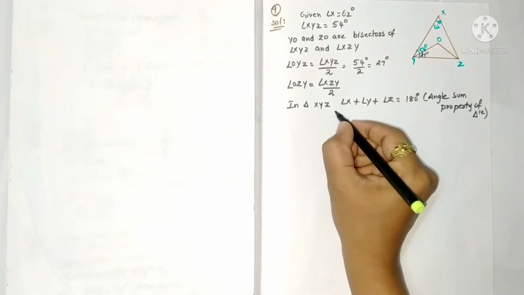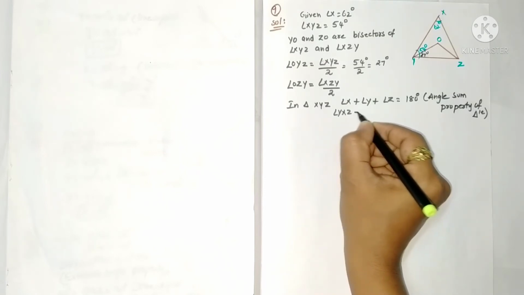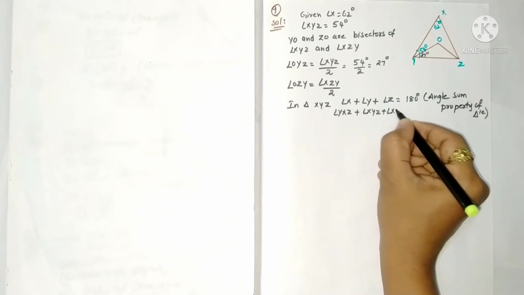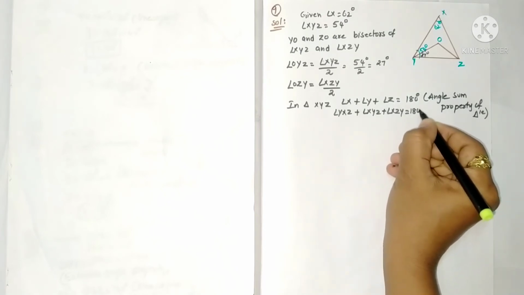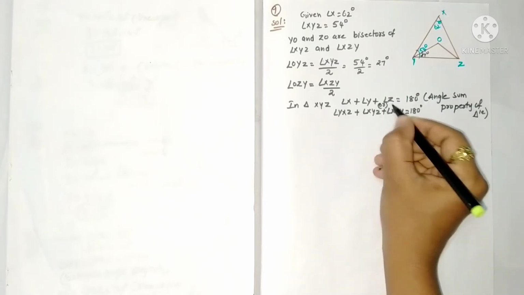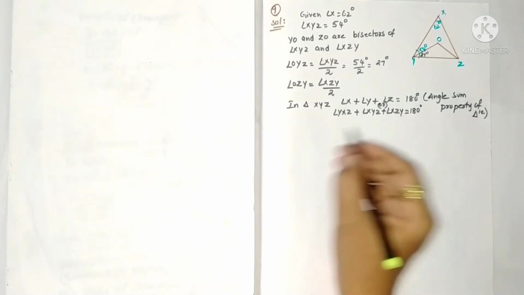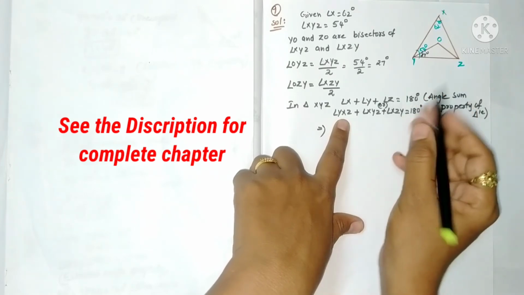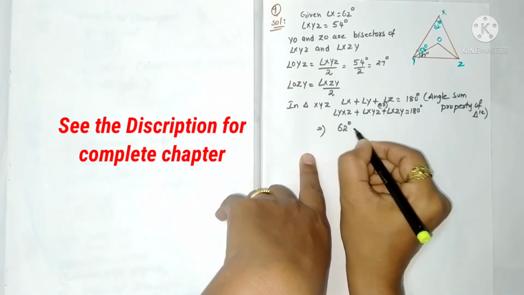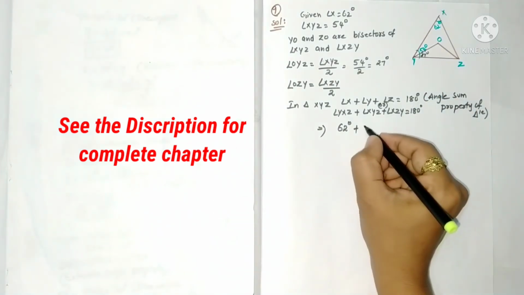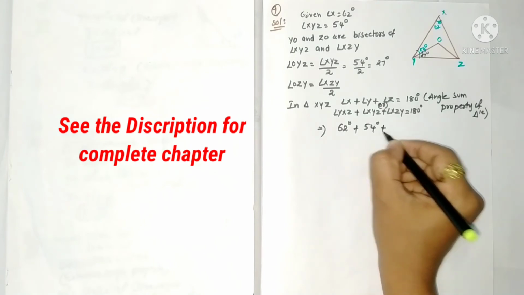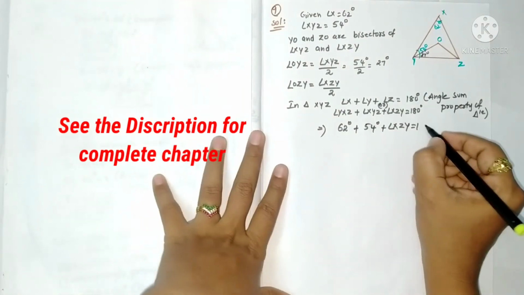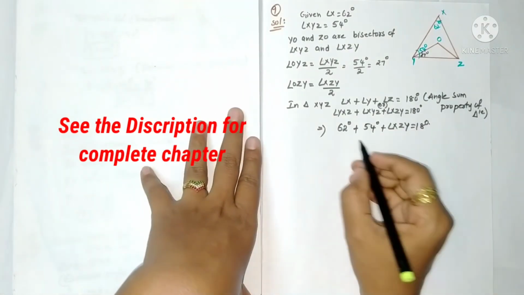You can write like this also: angle YXZ plus angle XYZ plus angle XZY equals 180. Okay. So we have angle YXZ, that is X only, 62 degrees, plus XYZ 54 degrees, plus we don't know angle XZY, that is equal to 180 degrees.